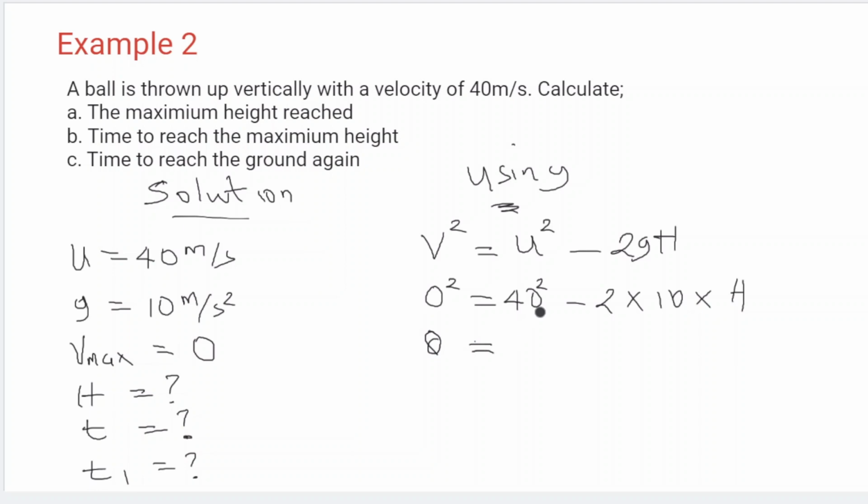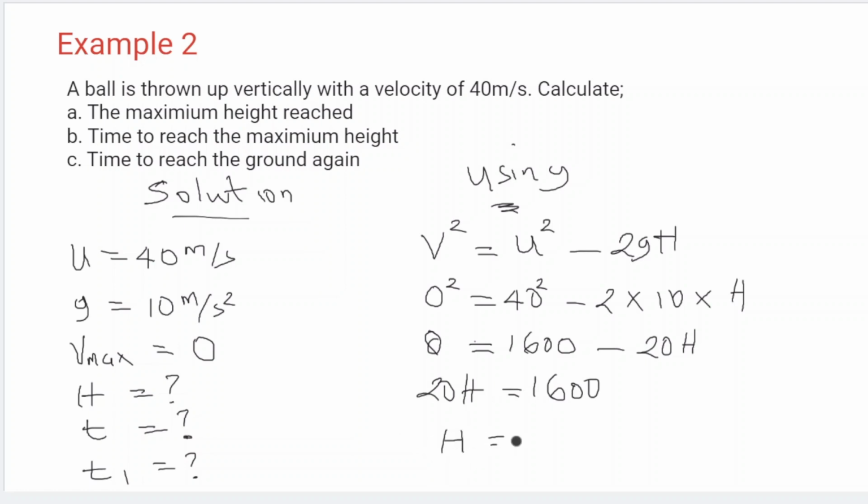The 40 square is 1600 minus 2 times 10 will give us 20, so 20H. Okay, I move minus 20H across to meet the 0 here. We're going to have 20H equals 1600. Okay, we divide both sides by 20.